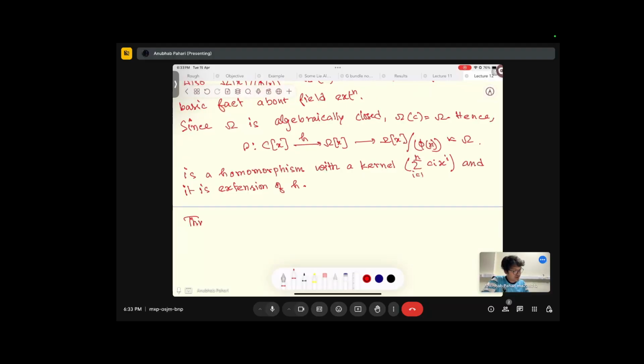Thus it induces an injection C of third bracket x by the summation i equals 1 to n to omega.